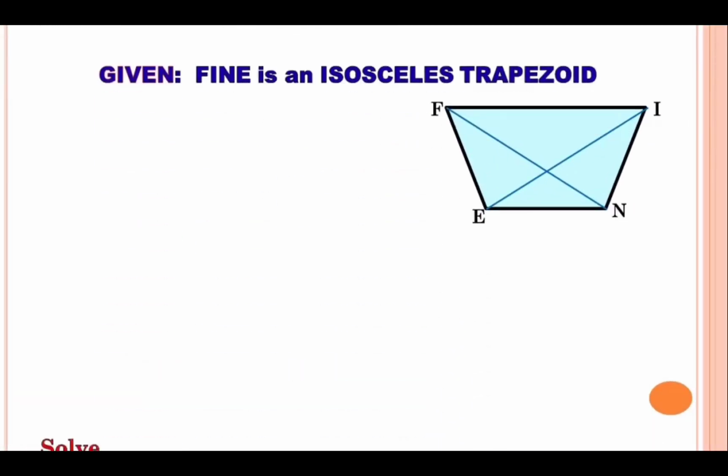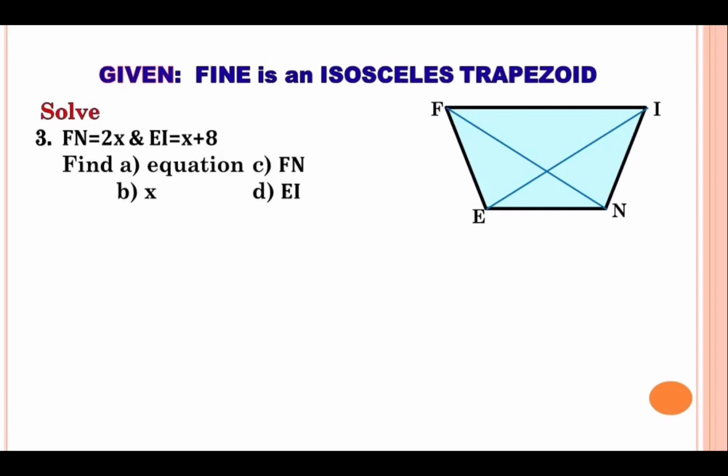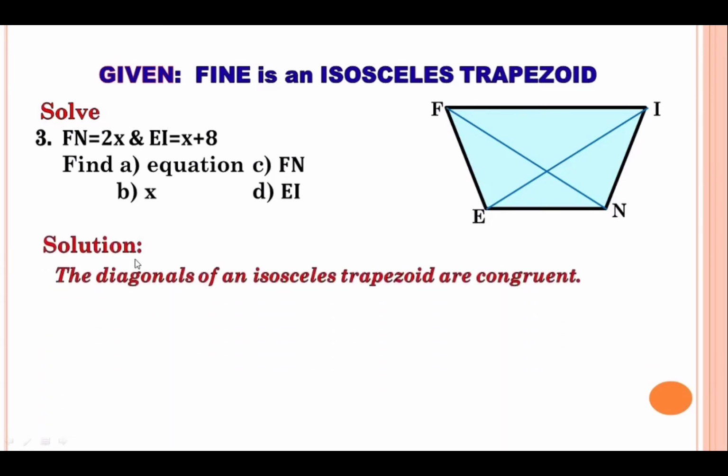Next. Okay. So if FN is 2x and EI is x plus 8, find the following. Okay, so segment FN and segment EI are the diagonals of the given isosceles trapezoid.